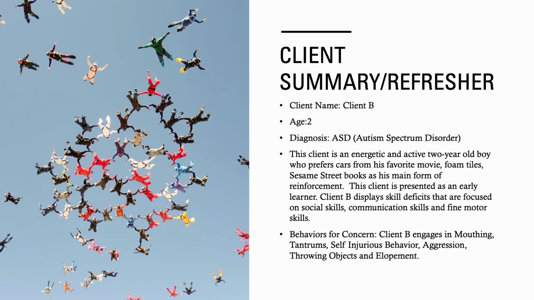This client is presented as an early learner. They display skill deficits that are focused on social skills, communication skills, and fine motor skills. Our behaviors of concern thus far are mouthing, tantrums, SIB or self-injurious behavior, aggression, throwing objects, and elopement.